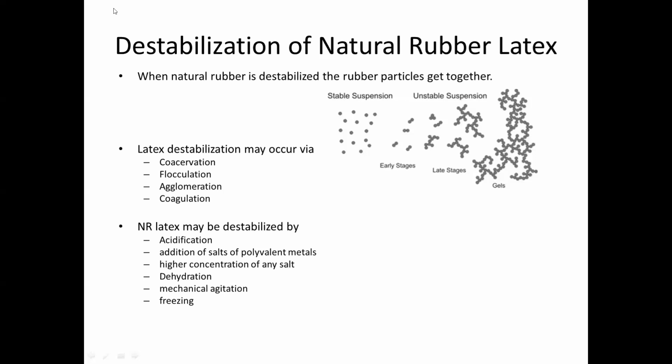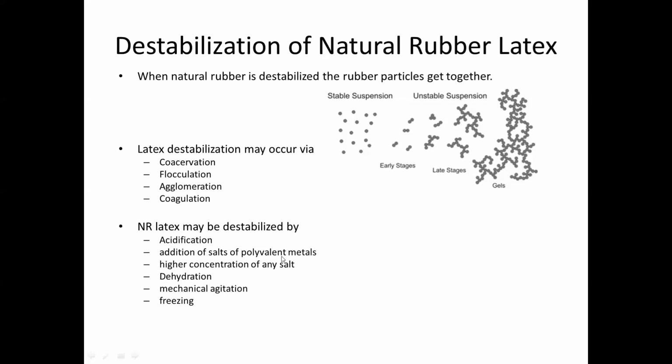Okay, again, can you remember the destabilization factors affecting the stability? Acidification, addition of salts of polyvalent metals. Polyvalent means a valency higher than +1, a charge higher than +1. That means magnesium, zinc, copper, calcium 2+, all will destabilize natural rubber latex.